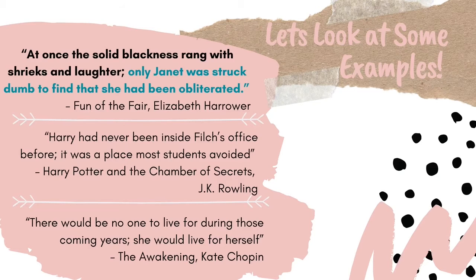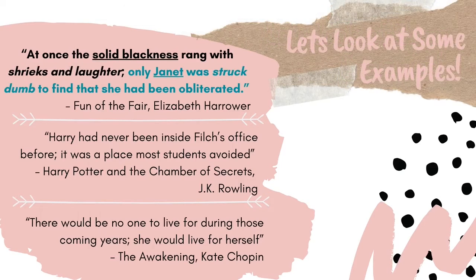Now, if we look at the first clause, we can see that solid blackness is the subject here, and shrieks and laughter are the verb. In the second clause, "Only Janet was struck dumb to find that she had been obliterated," Janet is our subject. Struck dumb is the verb.